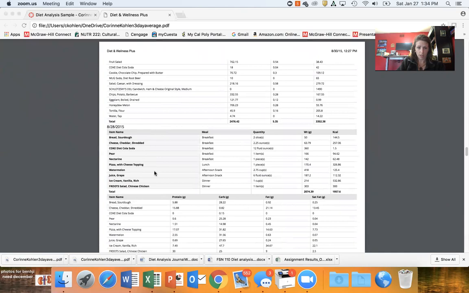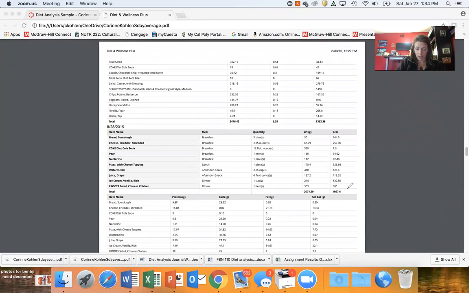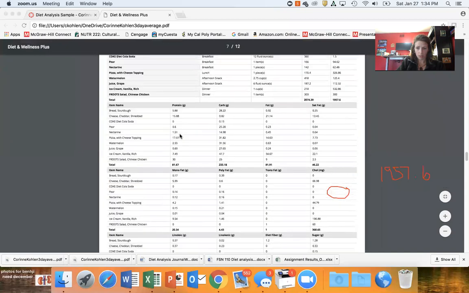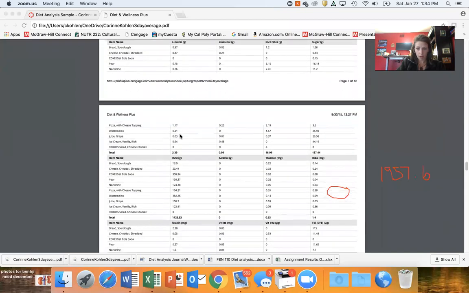Okay, so here is the next day, and I'm going to see that I had 1957.6 calories on this day. And then I'm going to see where that sugar column is.